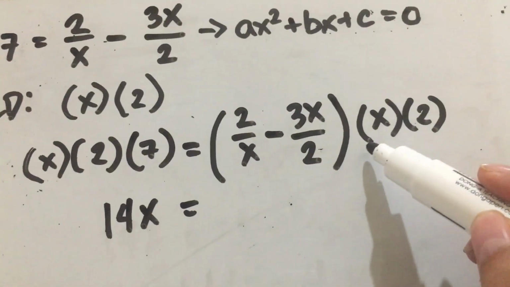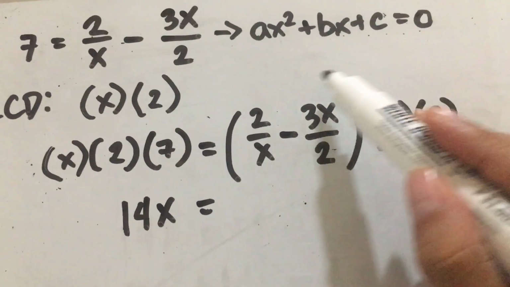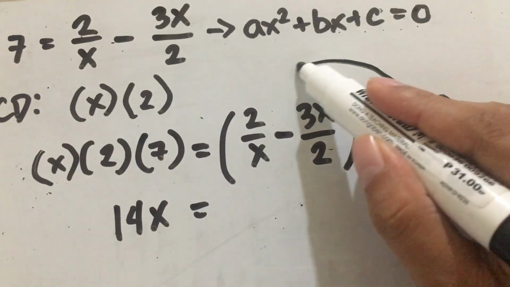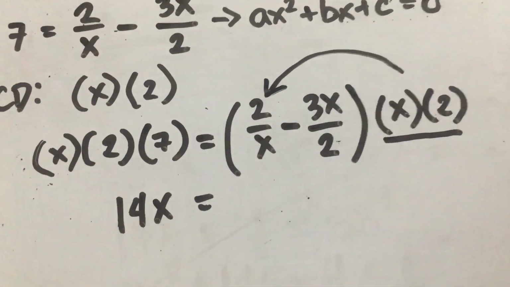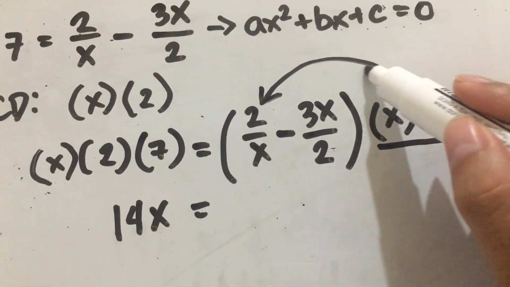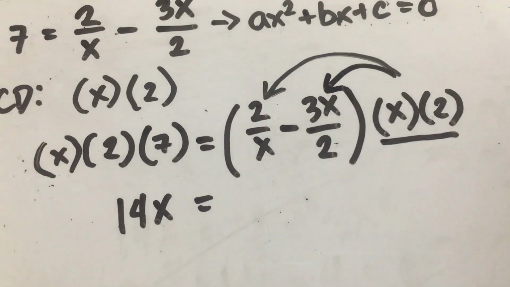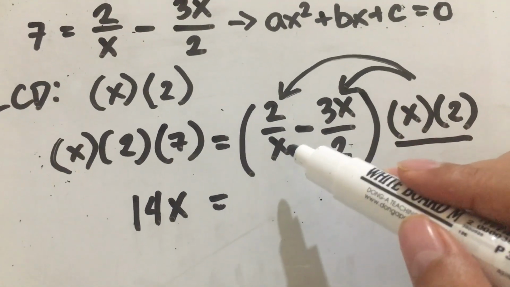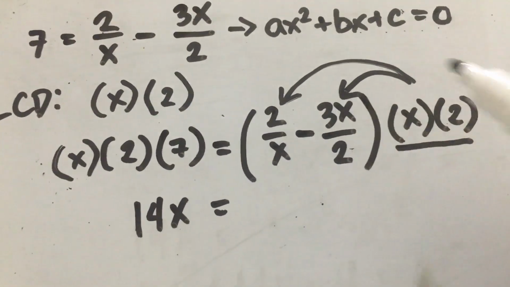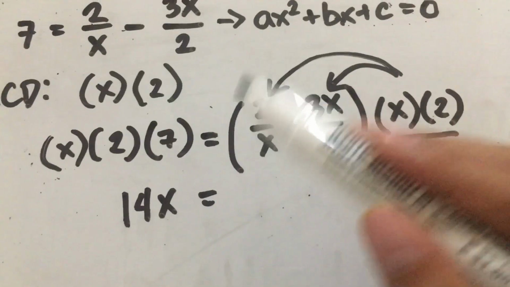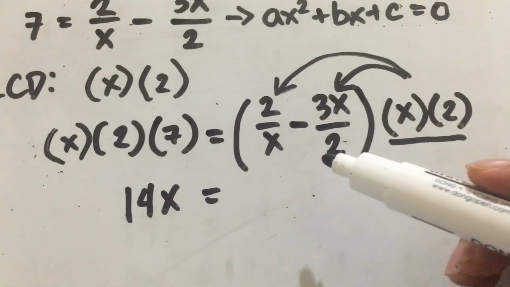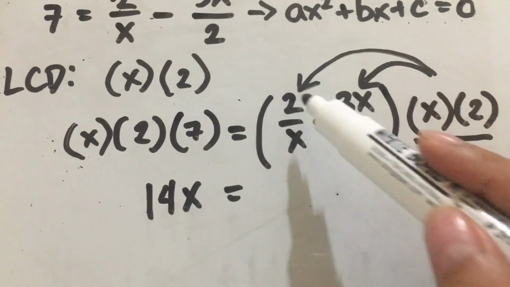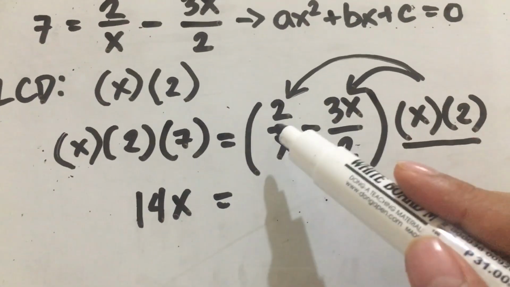Our next step is to multiply the LCD to each term, which means we need to use the distributive property. You distribute the LCD to each term, like this one, and the next term as well. So the LCD times 2 over x. At this point, we don't need to multiply the LCD to 2, but we can actually use cancellation. If your LCD x and 2, you multiply it to 2 over x, look into the denominator.